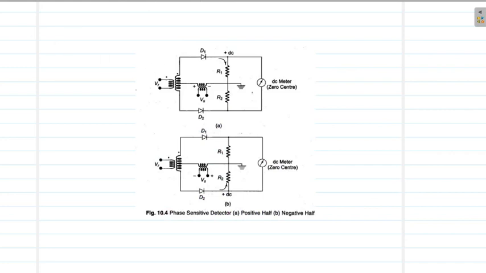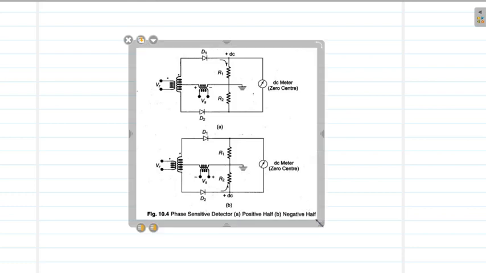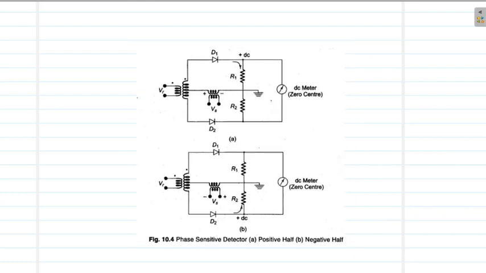Let us try to understand the internal circuit of the phase meter. Here we have two different coils where we can feed in the two signals. Signal 1 is fed in through this primary coil, and we call the voltage of signal 1 VR.